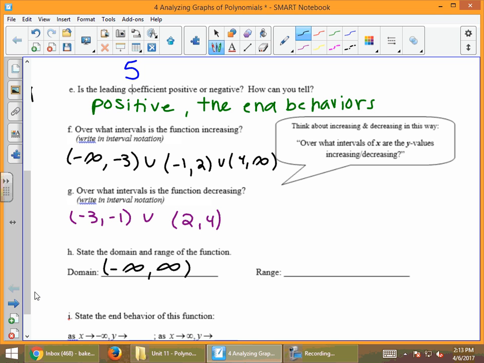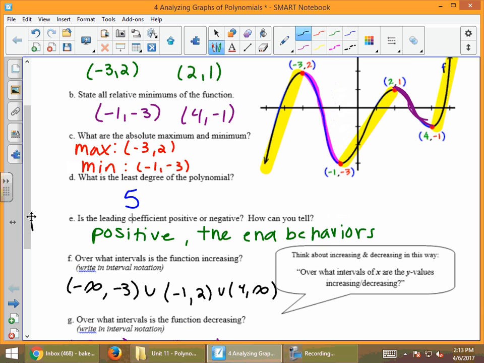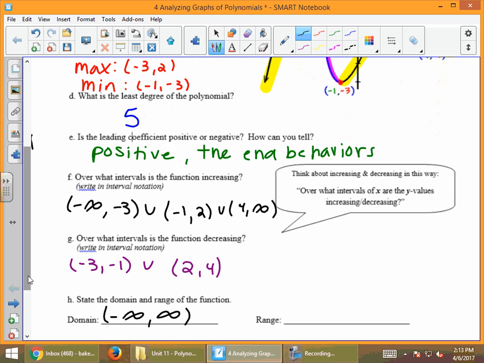If your arrows are pointing in opposite directions, so this arrow is pointing down towards negative infinity, and this arrow is pointing up towards positive infinity, it's always going to be negative infinity to positive infinity, no matter what. Doesn't matter if the first arrow is pointing up and the second arrow is pointing down.